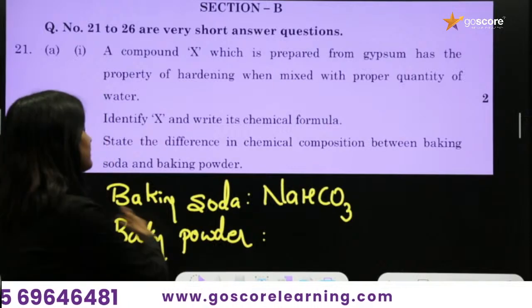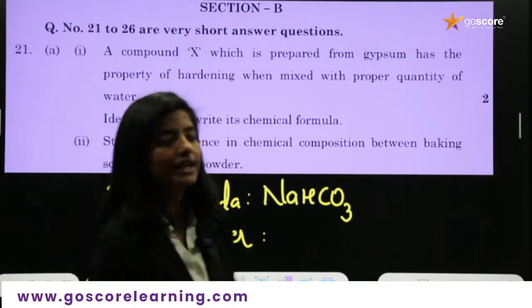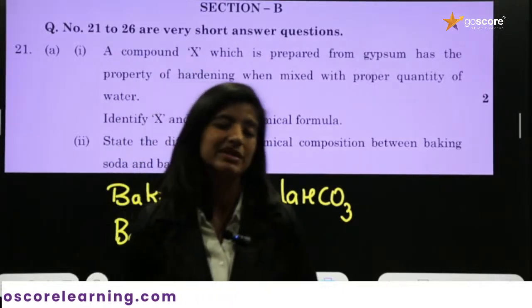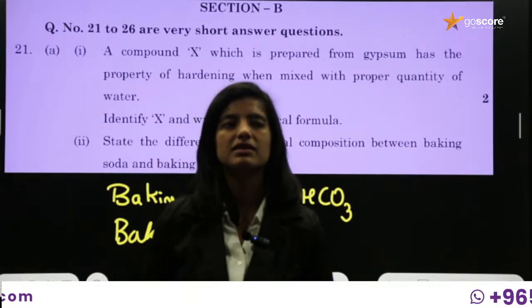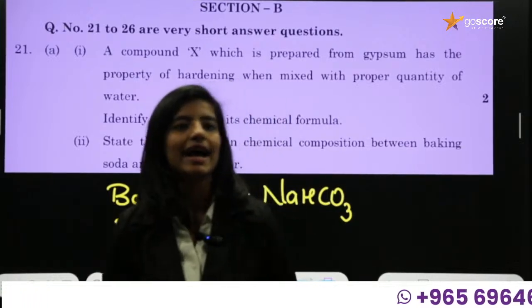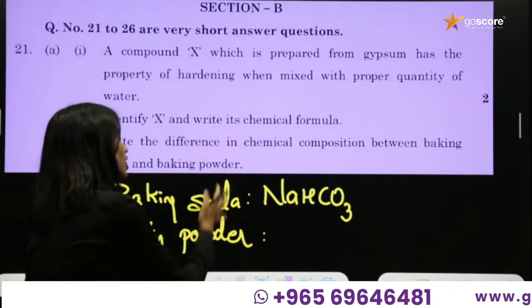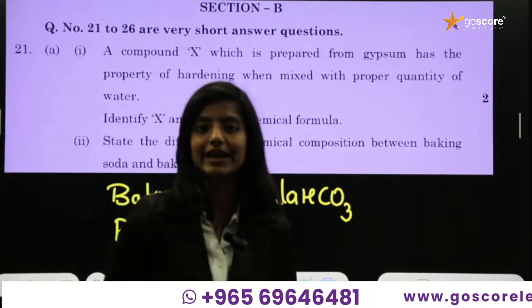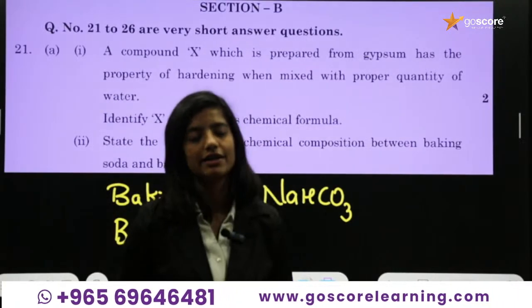Definitely baking soda is NaHCO3 and we know that it is basic in nature and it will be having a bitter taste. If we use the baking soda in the cakes it will be a bit bitter and we don't want that, and since the cake is a dessert, we want the sweet thing, right? So in order to neutralize the bitter taste, we are going to add some acid. The acid is going to neutralize the base right over there, correct?